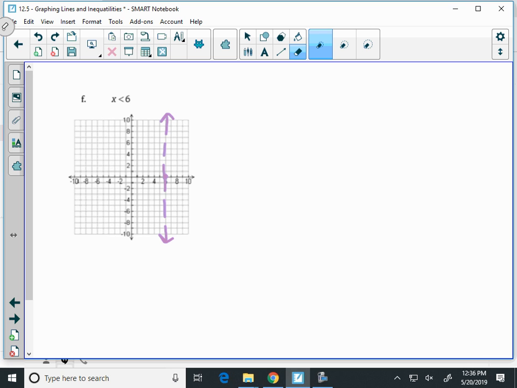Now it's dotted. Then, because it's a perfectly vertical line, when you shade, it says x is less than 6. So where are all the numbers that are less than 6? To the left or to the right? To the left. So this time around, we're going to shade to the left.